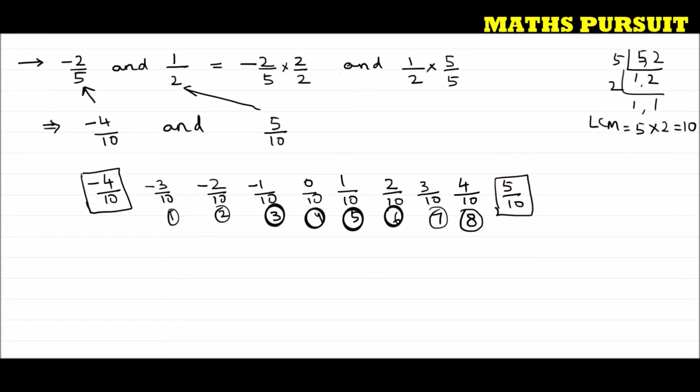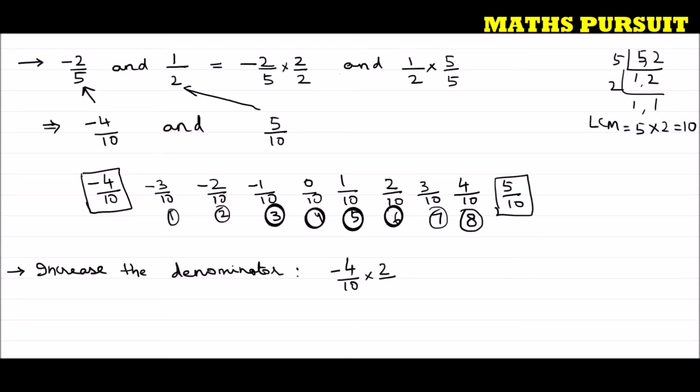In this step we are again going to increase the denominator so that we can get more rational numbers. How to increase the denominator? Just multiply 2 to the existing denominator. Here the two numbers are minus 4 upon 10 and 5 upon 10.